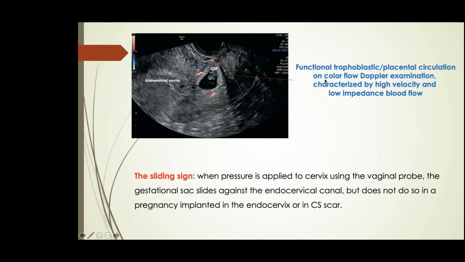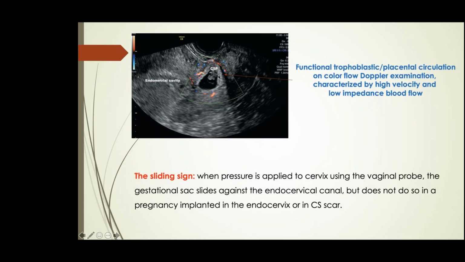The other thing is that you will find functional trophoblastic or placental circulation on color flow. So this sac that is implanted at the site of the cesarean section will have color flow around it. This can differentiate a viable cesarean section scar pregnancy from a missed miscarriage or inevitable miscarriage sac that is coming from the fundus downwards.